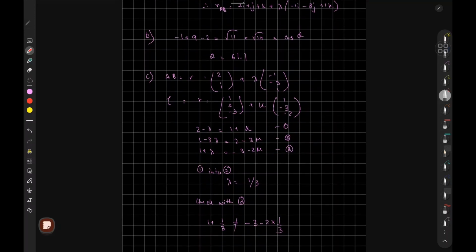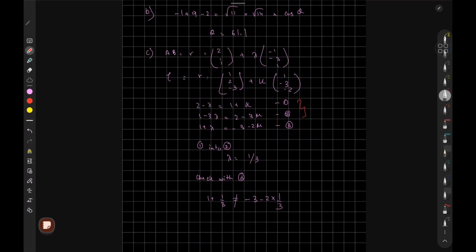What you do is solve, and you're going to get lambda is equal to 1 by 3. Plug 1 by 3 into any of the equations, absolutely any of the equations, and you're going to see the values on both the sides are not going to be equal. Doesn't matter which equation you take. For one, it might just add up, so it's better to show all of the equations.